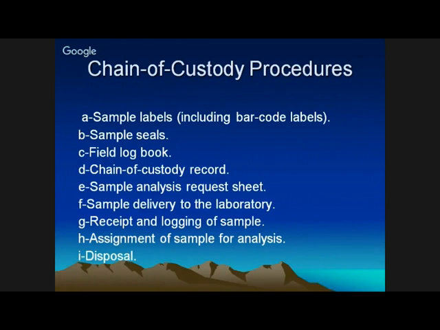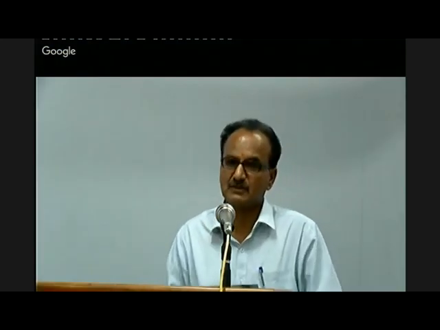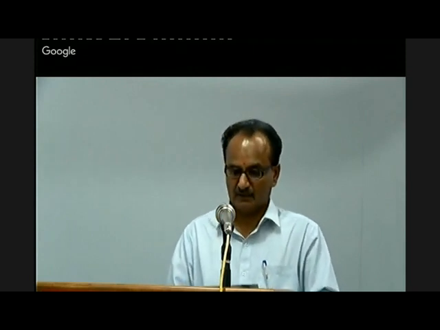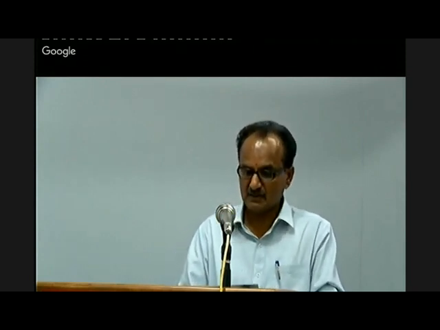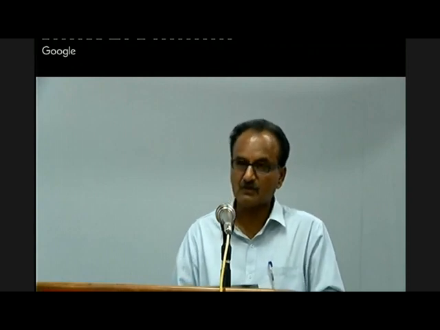Then the sample has to be delivered to the laboratory by that person. It should be received by the authorized person in the pollution control board. As per the Water Act, it has to be received by the board analyst duly authorized by the authority. Then comes the receipt and logging of the samples.